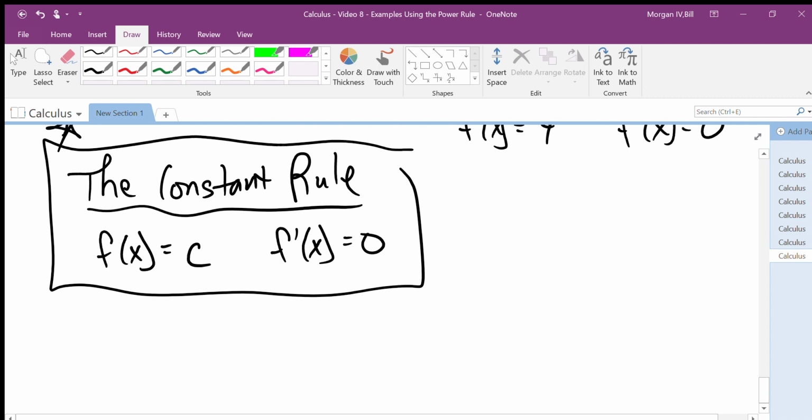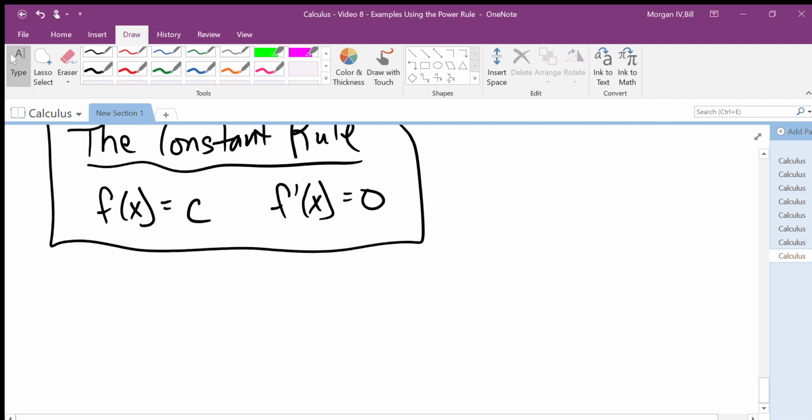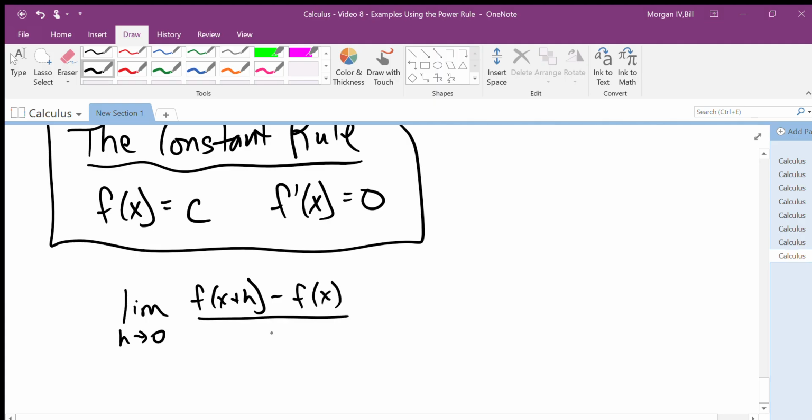Okay, and we can show that back with our limit definition. The limit as h goes to 0 of f of x plus h minus f of x over h, using f of x equals c, we see that we have the limit as h goes to 0.